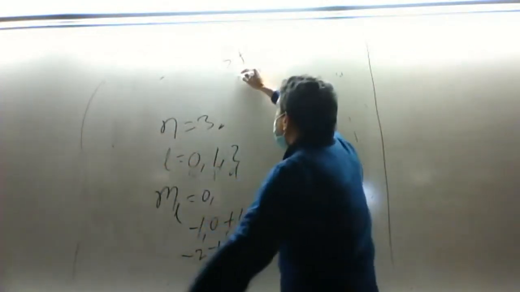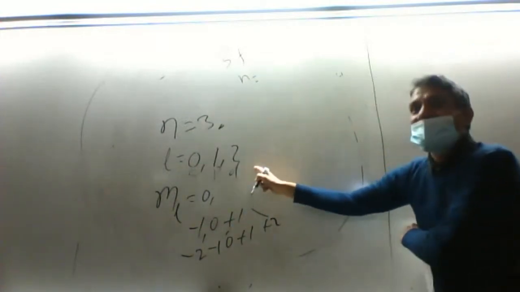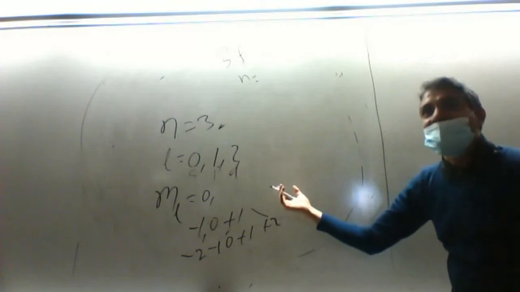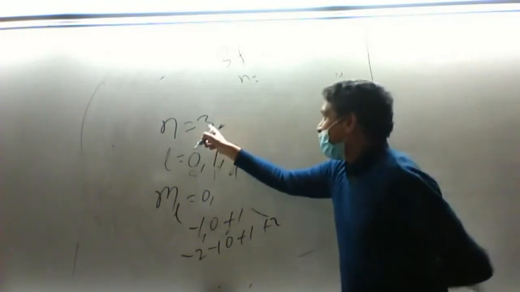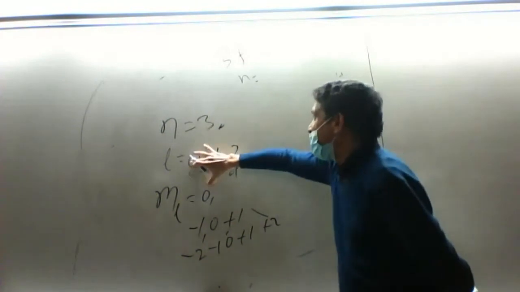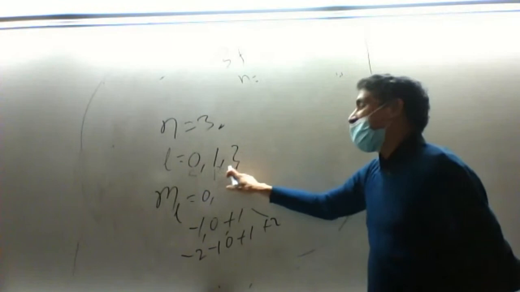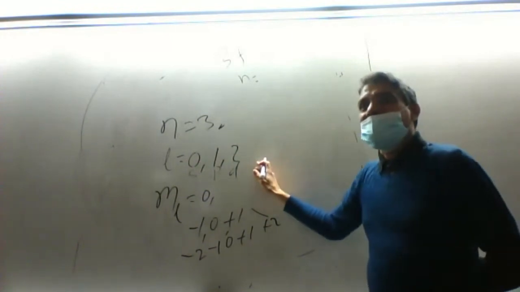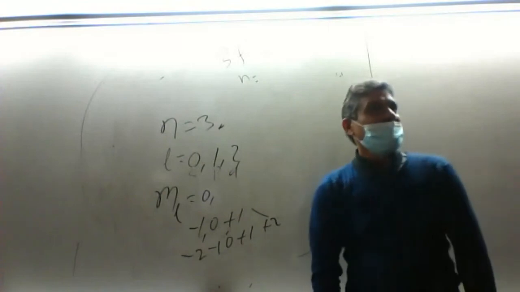Is 3f possible or not? 3 is possible, but do I have an f here? I don't have an f here, so 3f is not possible. Just look here: you need 3 L values, and they start from 0, 1, 2. And 0 is S, 1 is P, and 2 is D, and there is no possibility of f. Make sense? So 3f is clearly wrong. Did I make it clear?